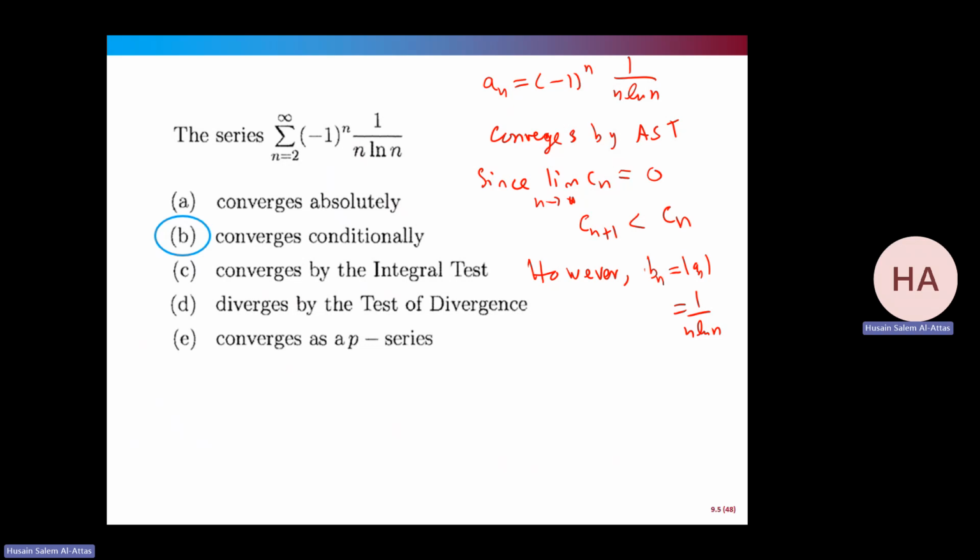Why will this series diverge? The series 1 over n ln n diverges.